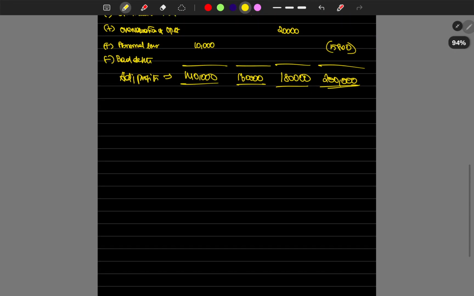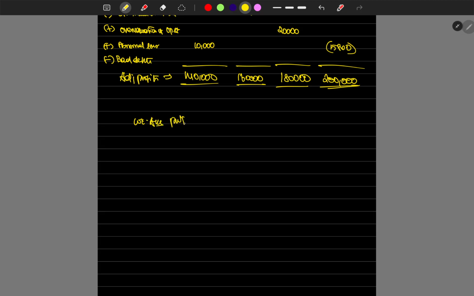Now we have to find out the weighted average profit with these profit values. The profits are 1,40,000, 1,60,000, 1,80,000, 2 lakh.